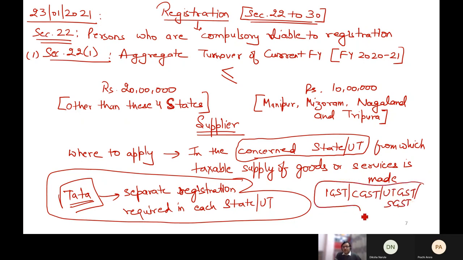No separate registration. So this was beneficial also. Once you register under CGST, the same registration number can be used for IGST, UTGST and SGST. Not separate registration, but state-wise and union territory-wise, you have to take registration. This is my first point. I hope this point is clear.